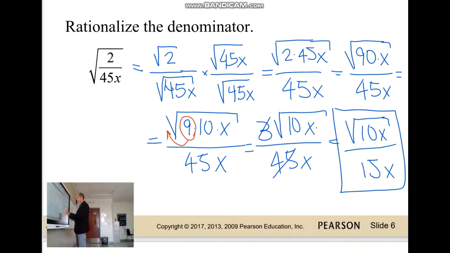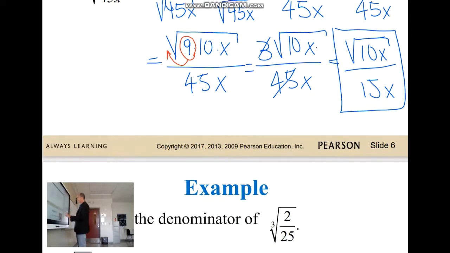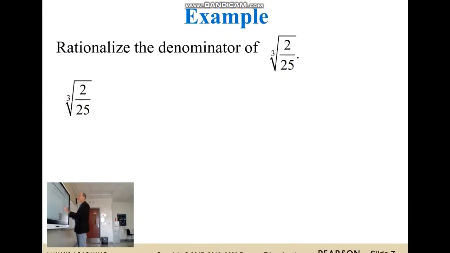Moving on, we have another example. Now rationalize the denominator of cube root of 2 over 25. The same thing we've done before, we can split. We can write this as cube root of 2 over cube root of 25.